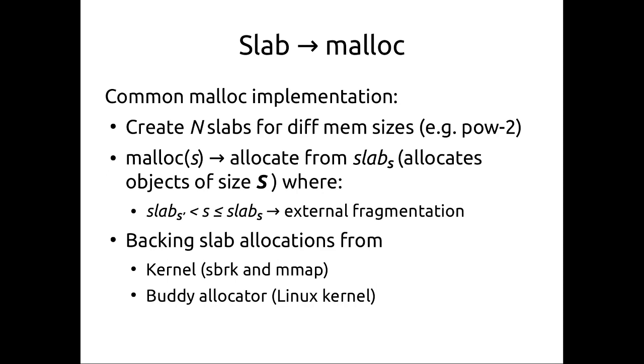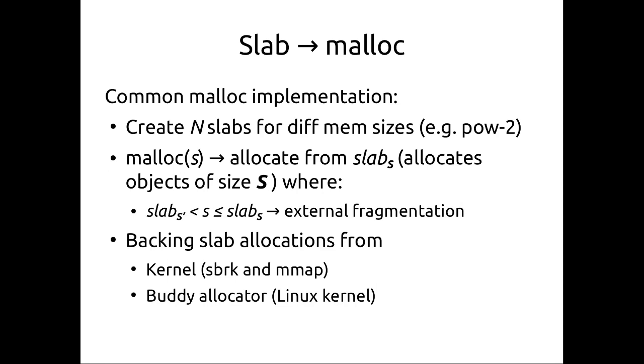The difference between the slab size and the size of the allocation, yeah, that's internal fragmentation. Same thing as a power of 2 allocator. This is effectively a power of 2 allocator, right? But because the slab is so optimized, it makes a decent, effectively FreeList for backing a power of 2 allocator.